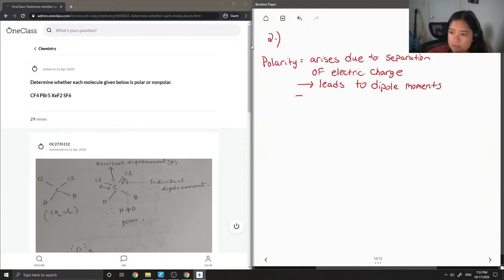Usually this happens when one side of the molecule is slightly positive and the other side is slightly negative.